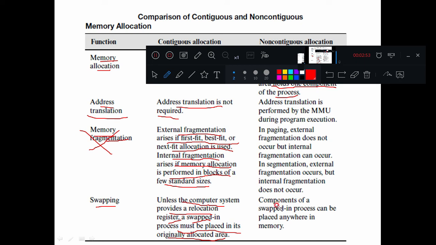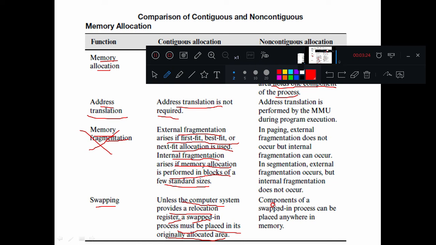So once the swap-out technique is adopted and the process is taken out from the main memory, when it is brought back from the secondary memory into primary memory, if the same space is available with the kernel, then the kernel will allocate the same space to that particular process. Otherwise it will relocate that swapped-out process to a different memory area of main memory, okay?